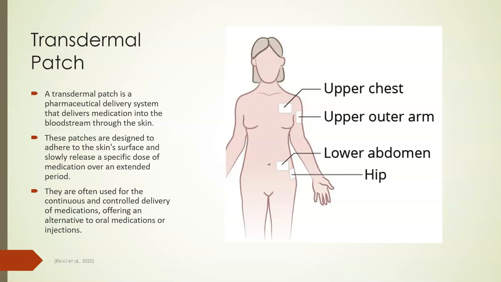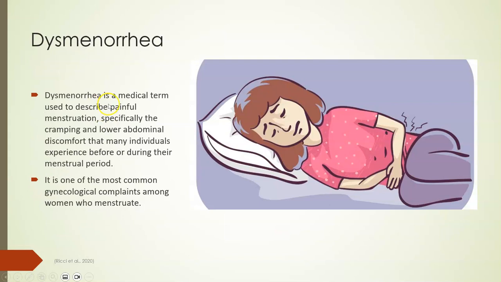But keep in mind that there are other medications too, not only contraceptives, that are used in the form of transdermal patches. They are often used for continuous and controlled delivery of medication, offering an alternative to oral medication or injection. So just remember that when the woman applies a second patch, the old patch needs to be removed first. All right. So, transdermal patch.